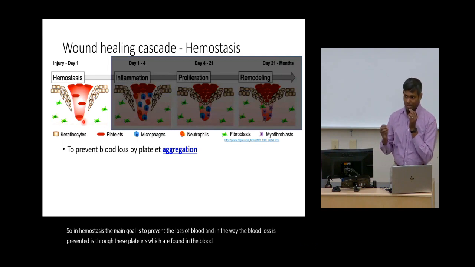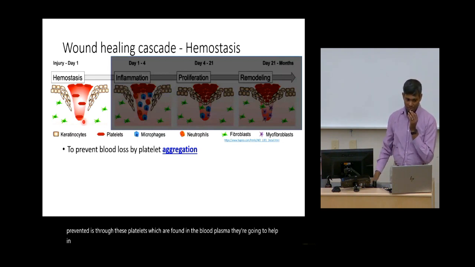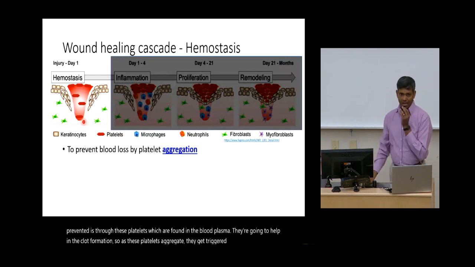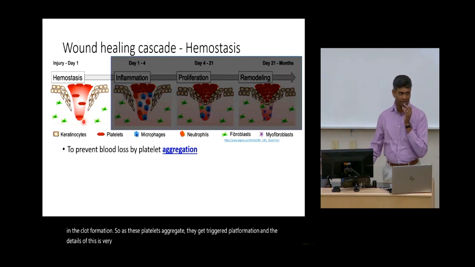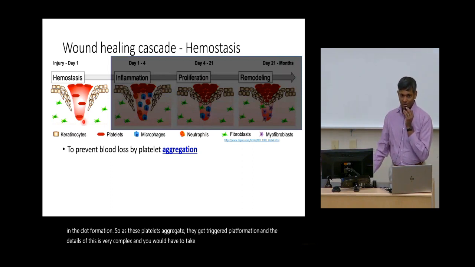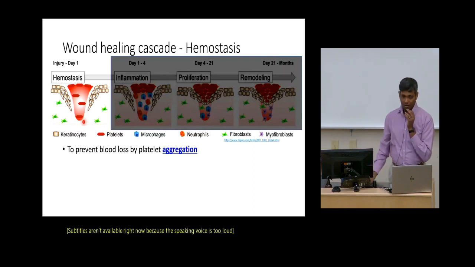They help in clot formation, right? As these platelets aggregate, they can trigger clot formation, and the details of this are very complex, and you would have to take a more advanced course to learn about how blood clot formation takes place. So that's the first step.